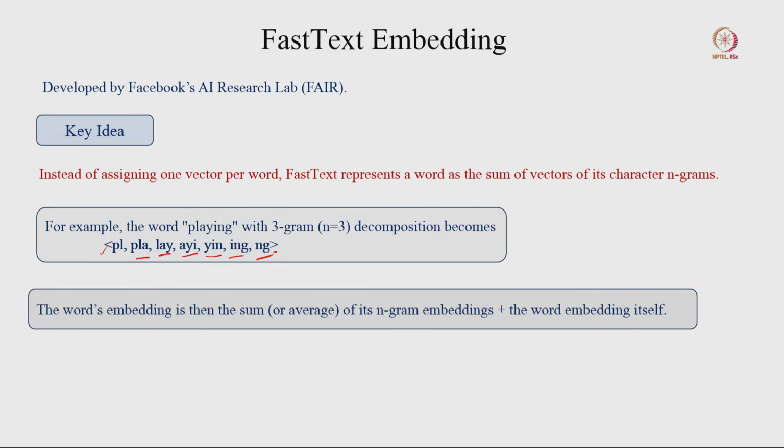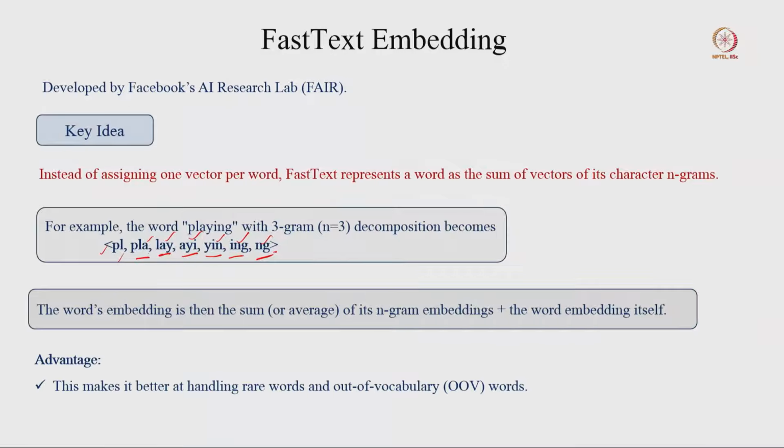So for playing, all these small chunks PLA, LAY, AYI, YIN, ING, NG, last token, will get some embedding, and those also will be considered for forming the final word embedding.